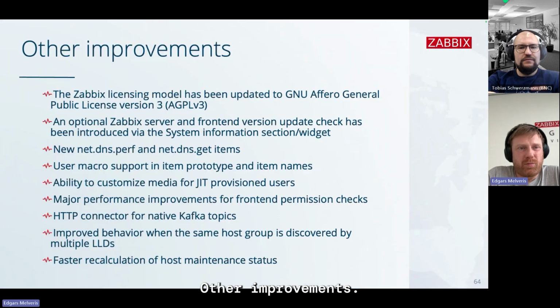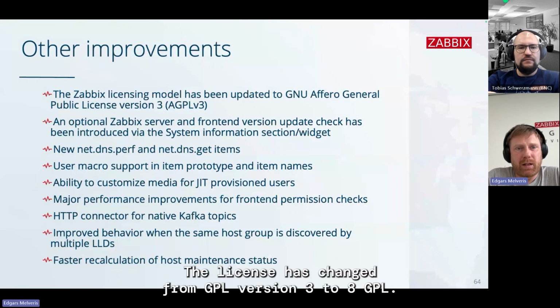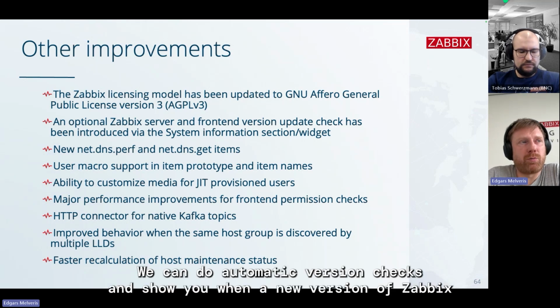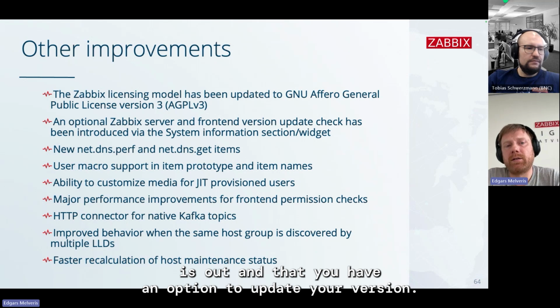Other improvements: the license has changed from GPL version 3 to AGPL. That's maybe not as important for most of you and doesn't really affect most of you. We can do automatic version checks and show you when a new version of Zabbix is out and that you have an option to update your version.